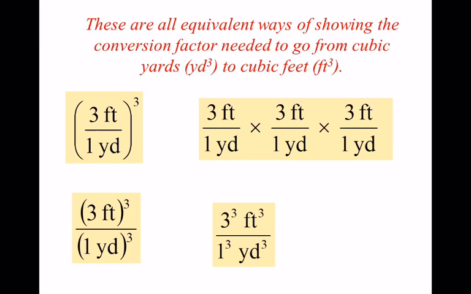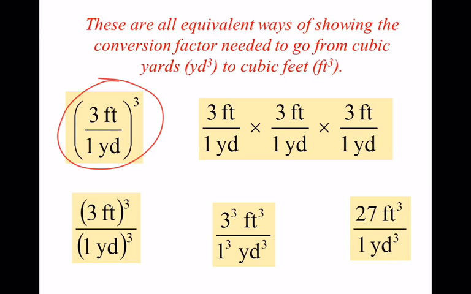So this whole thing is equal to this whole thing. To me, I don't memorize that there are 27 cubic feet in 1 cubic yard. I do not. But I definitely understand that there are 3 feet in 1 yard, and I can cube it if I need to.